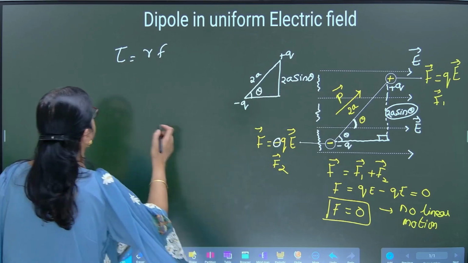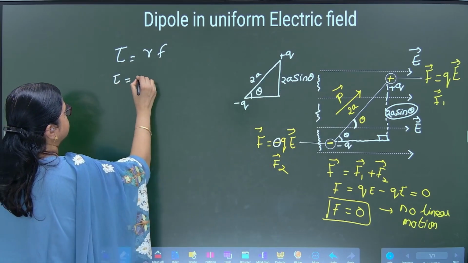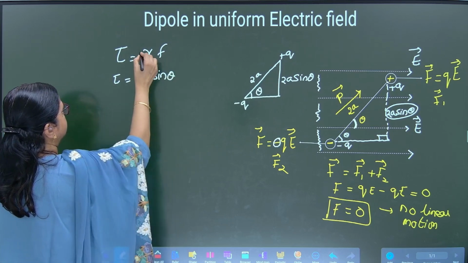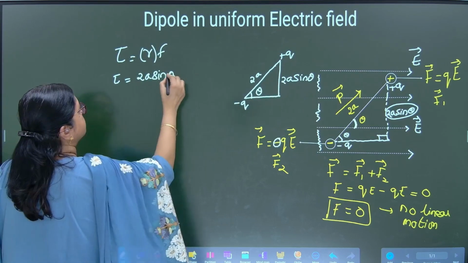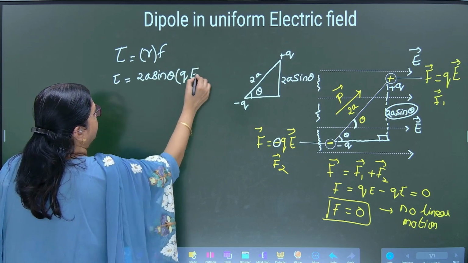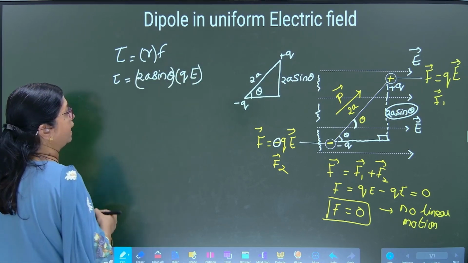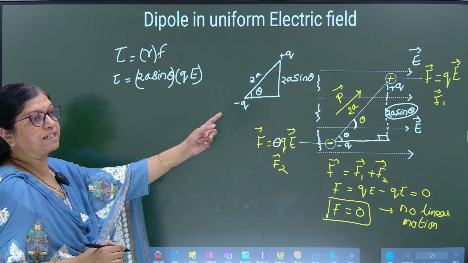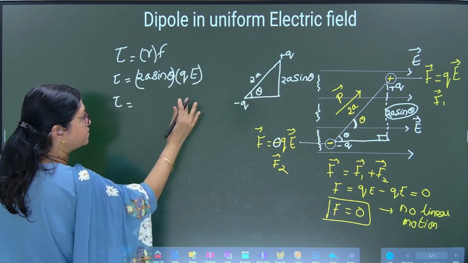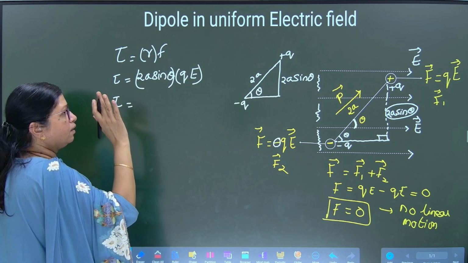So I will write here tau is equal to 2a sine theta, which is the perpendicular distance between the two forces. Force magnitude is qE, E magnitude I am talking about. So now I am left with this expression. I'll just rearrange so that I get something I know.